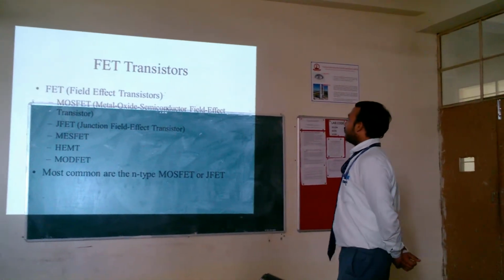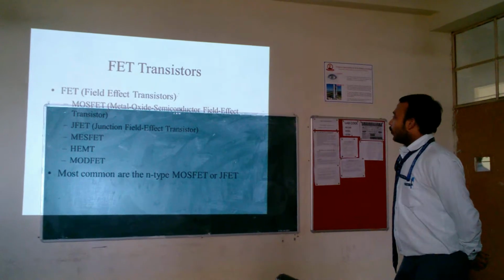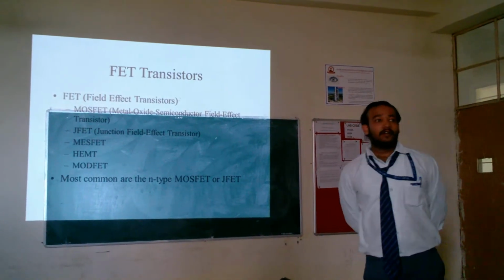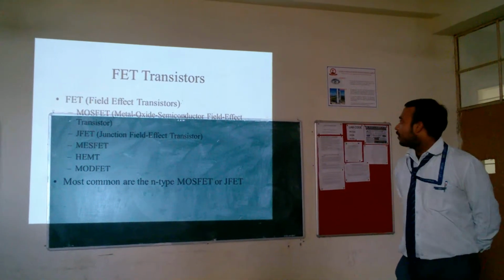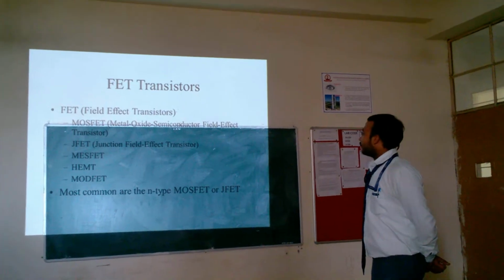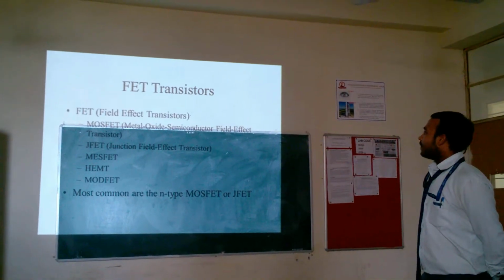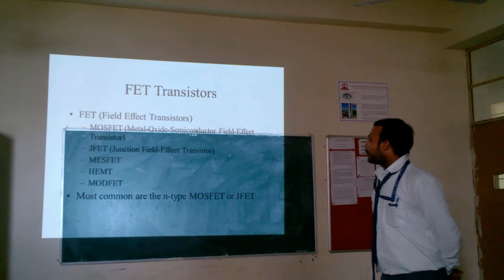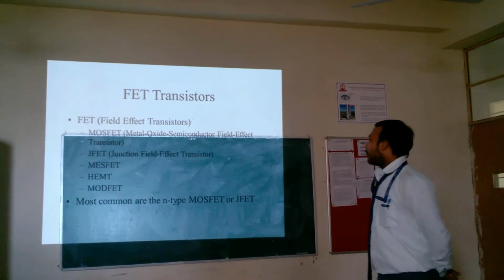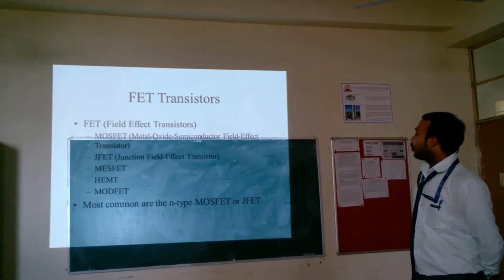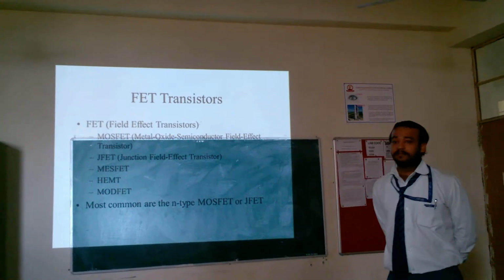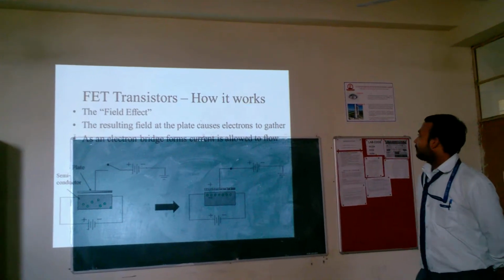FET means field effect transistor, which works on electron transfer only. FET has more types: MOSFET, JFET, MESFET, and HEMT. The most common is the N-type MOSFET.